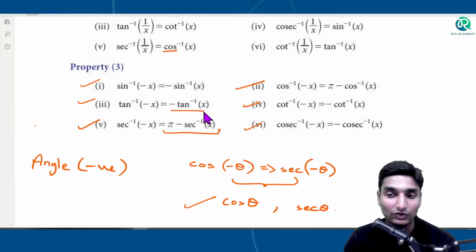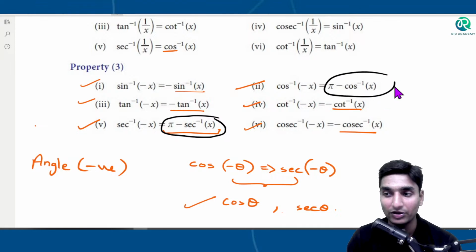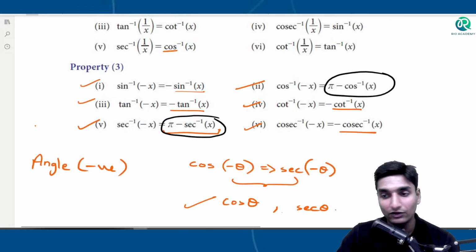So negative tan inverse, sine inverse of negative x is negative sine inverse, cot inverse of negative x is negative cot inverse, cosecant inverse of negative x is negative of cosecant inverse of x. Only the cos and secant functions will take the value pi minus secant inverse and pi minus cos inverse. Alright, so this is basically the third property, and that is all you needed to know about inverse trigonometric functions. Of course, guys, with respect to the formulas, there are definitely some standard formulas.